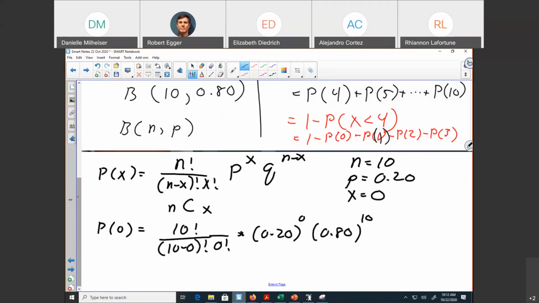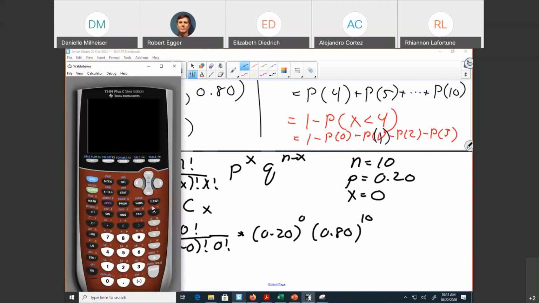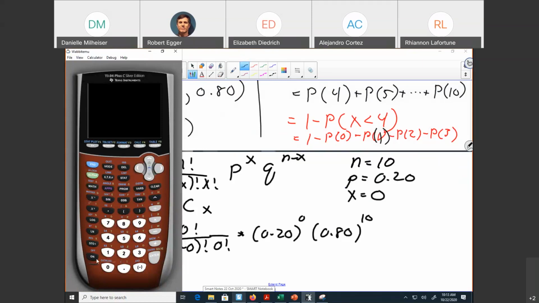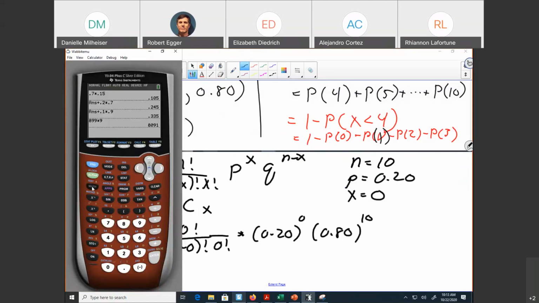And in case you're wondering where to find that nCr tool on your calculator, I believe it's under the math key. Roll it over to probability, and there it is.